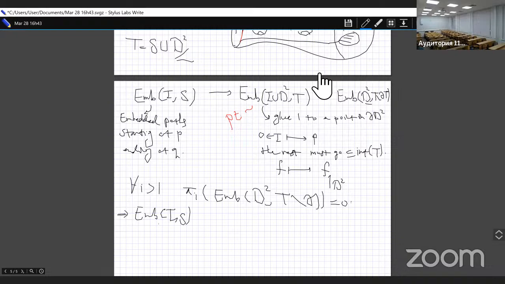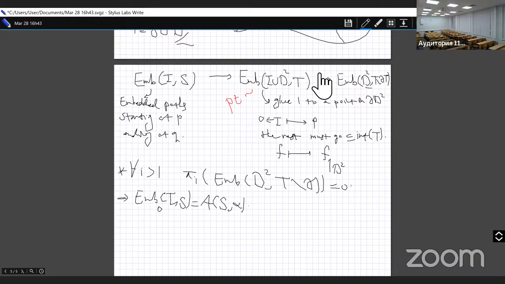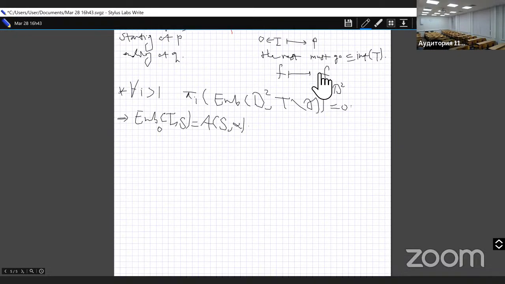So let's show this one. And again, for this, consider the fibration. What fibration? A lot of fibrations. Yeah, this one. In this one, I guess this is easy to see. It's not as hard as the previous one.